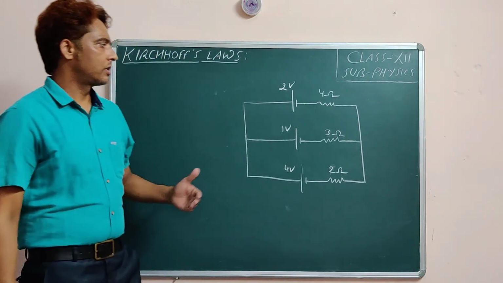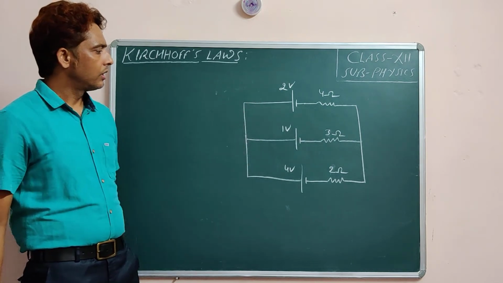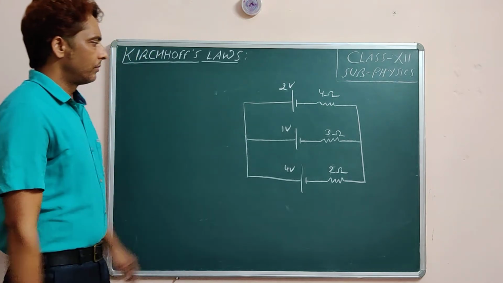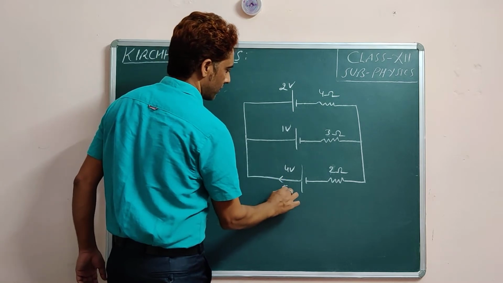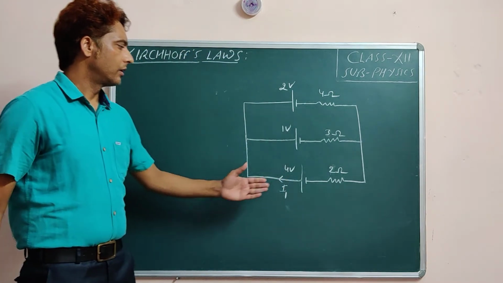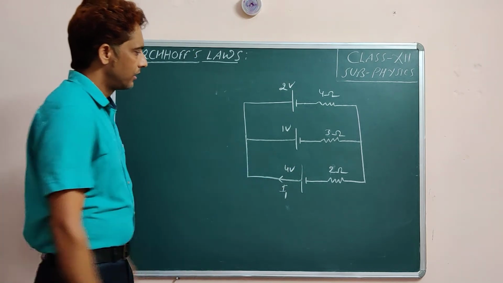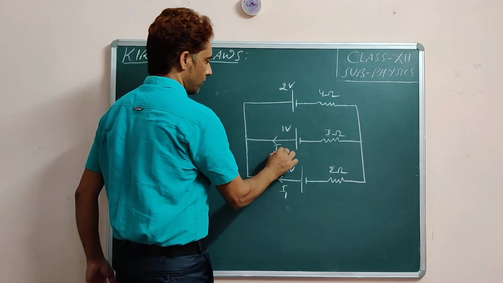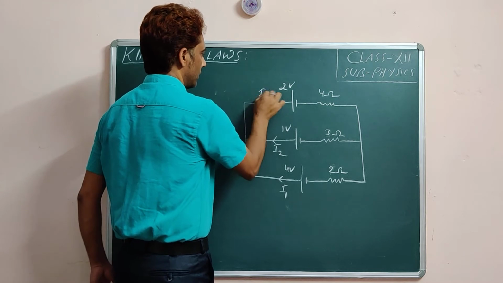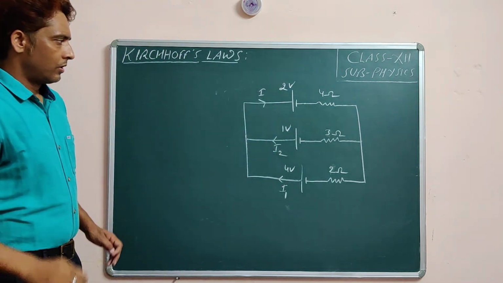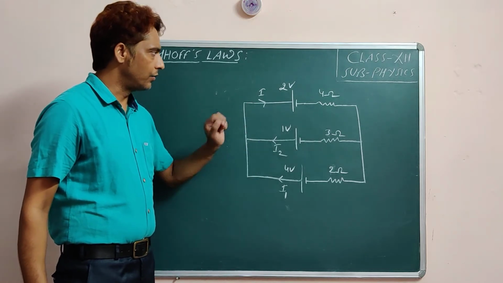Now you can be asked to find the current in each branch of the circuit. Now we can assume, let the current flowing through this branch be I1. Generally current comes out from positive terminal, so I take it as I1, let this be I2 and let this current be I. So we have to find the values of I, I1 and I2.